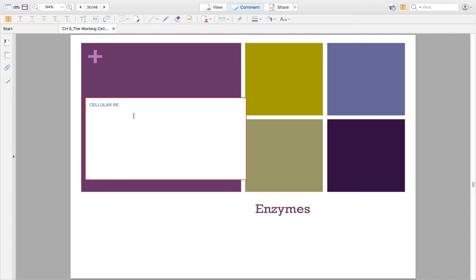This is cellular respiration. Let's be more specific. This is aerobic cellular respiration. Aerobic cellular respiration, the chemical reaction is as follows.